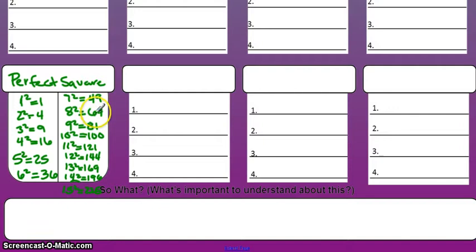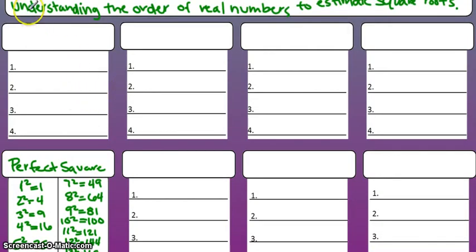So we go up to the top. Our steps for approximating square roots: the first step is, what squares sandwich the number? The second step is to simplify radicals.